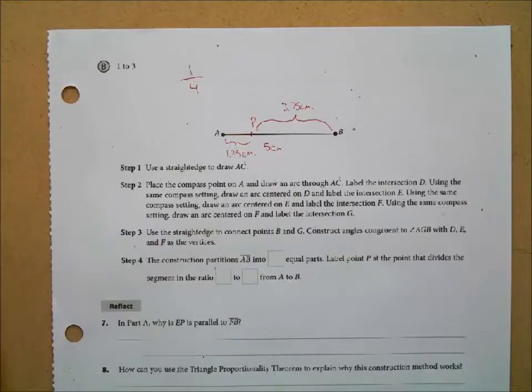Numbers 1 through 7, and then 9 to 15, but just the odds, and then 19 as well. So 1 through 7 all, 9 to 15 odds, and then 19 as well.